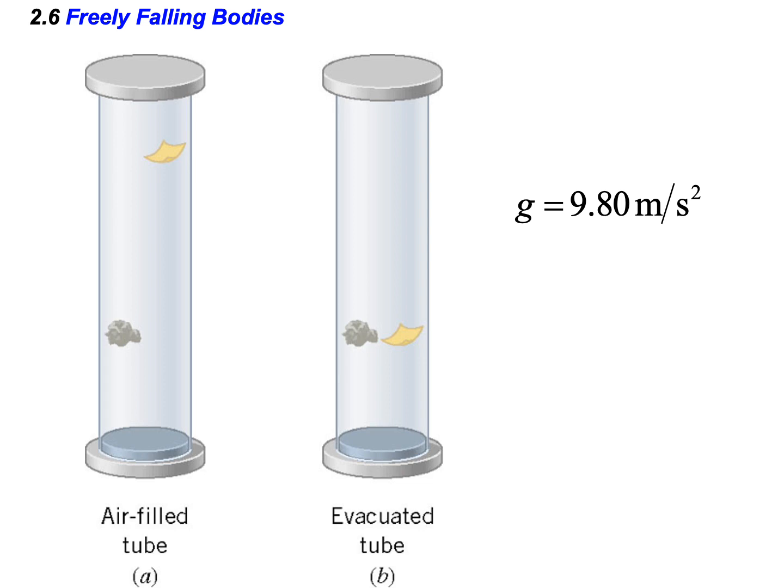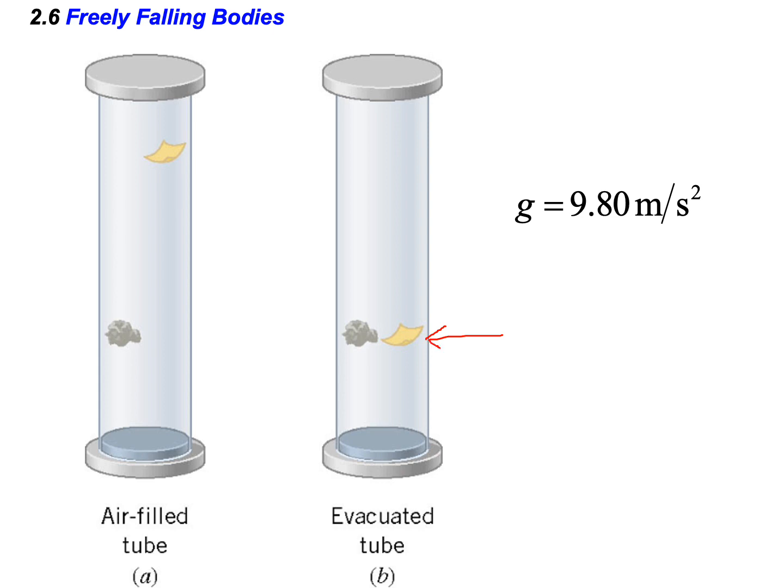This is a demo I show in the class. Unfortunately, I can't show it here, but you can hook this tube up to a vacuum pump and make a vacuum inside. There are two objects, a piece of cotton and a very tiny piece of paper, and if you let them drop from one end to the other, you can see the light object and the heavier object fall at the same speed.